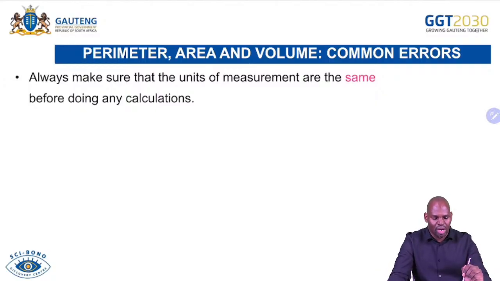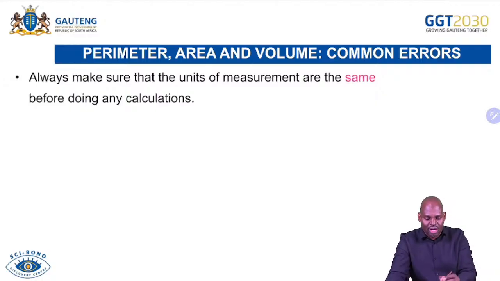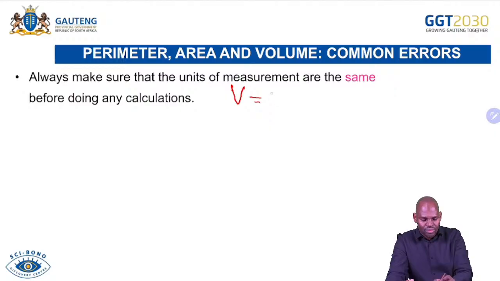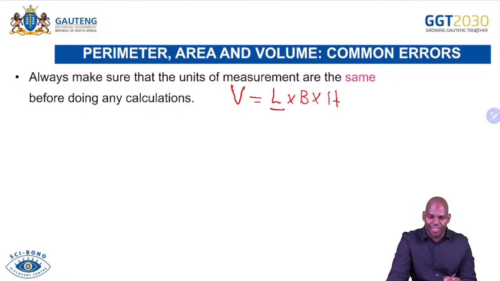They say, always make sure that the units of measurement are the same before doing any calculation. For instance, if you have to calculate volume of a rectangular prism, we say length times breadth times height. And then we have to make sure that the value of the length, the breadth, and the height, the three of them are in the same unit.